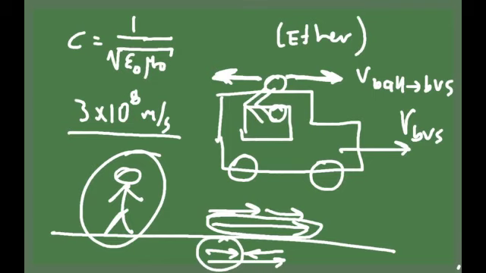So Einstein comes in and provides a different approach to the problem. He says, the experiments are telling us that the speed of light is a constant regardless of the speed of the observer. So let's believe the experiments and postulate that the speed of light is constant.